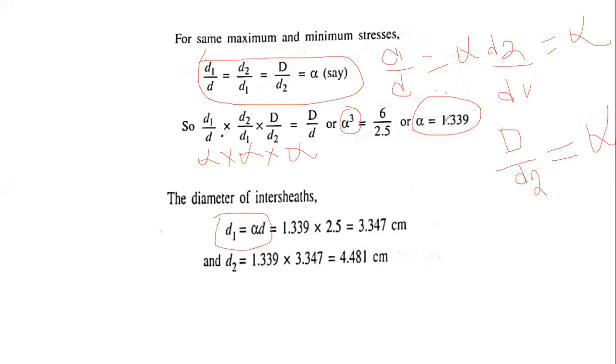The alpha value is 1.339, into d, which is 2.5. That is equal to 3.347 centimeters.